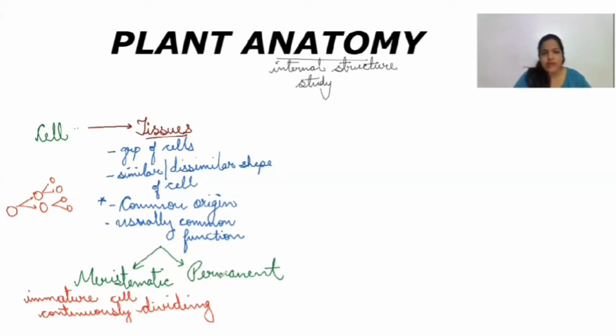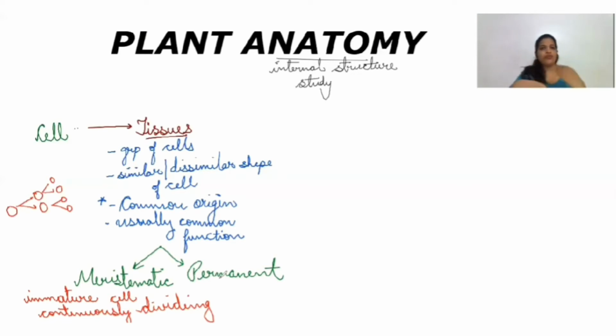If the cells are matured, means they lose the division capacity. The main difference between meristematic and permanent tissues is that meristematic tissues have dividing capacity, permanent tissues do not have dividing capacity. If there are 5 cells in the permanent tissue, the cells will remain 5, they will not increase in number. A cell can die, but that cell will not divide.